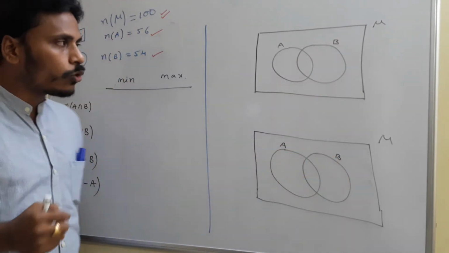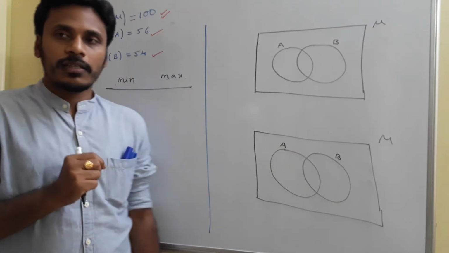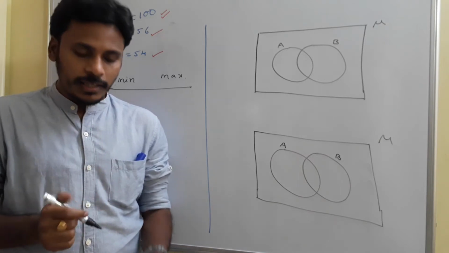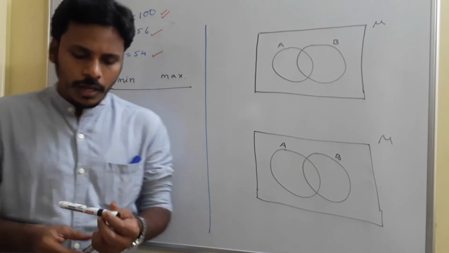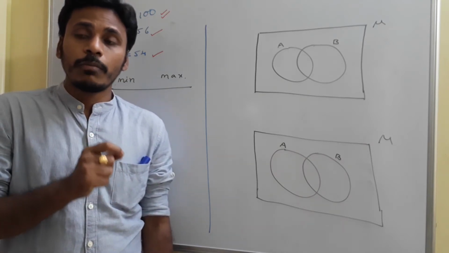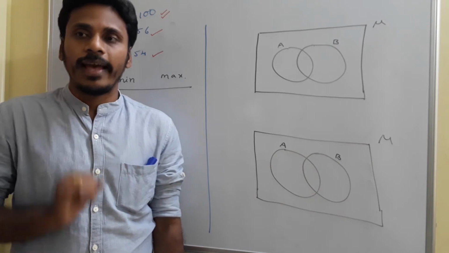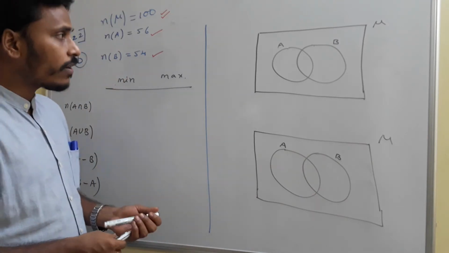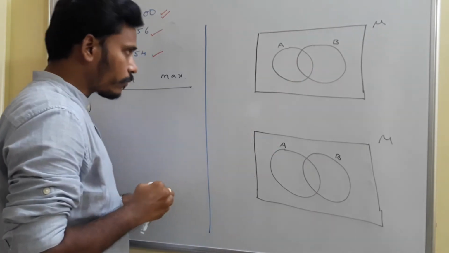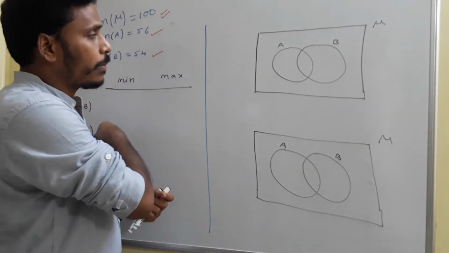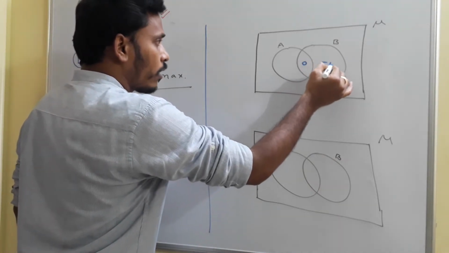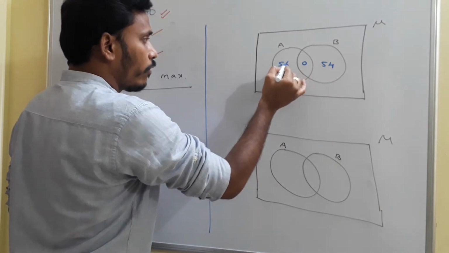And now we are going to think about A intersection B. What is the minimum possible value of A intersection B and what is the maximum possible value? As we discussed in the previous case, if I write the minimum possible value as 0, then this number is 54 and this number is 56.